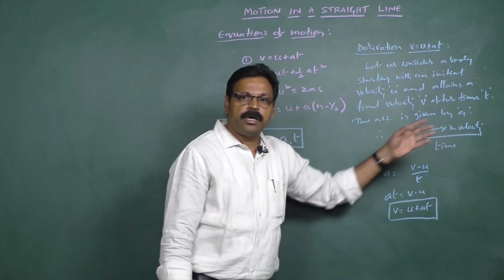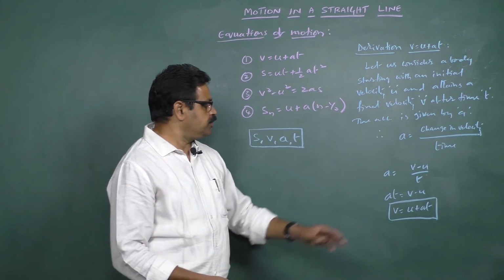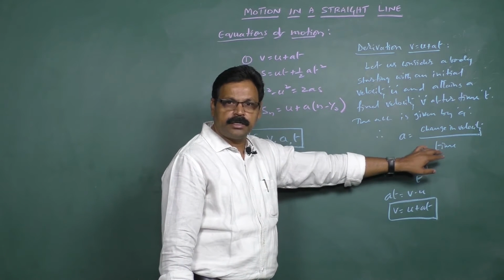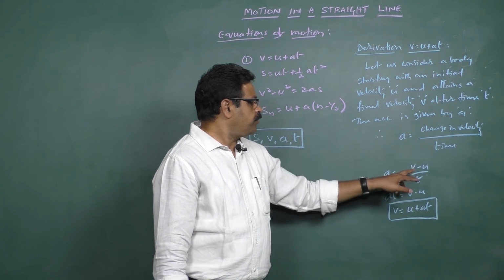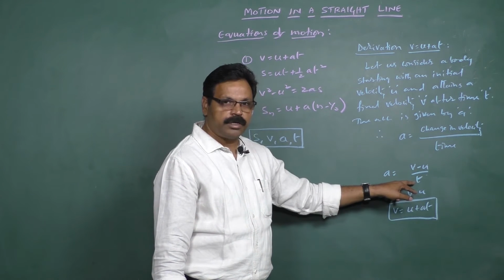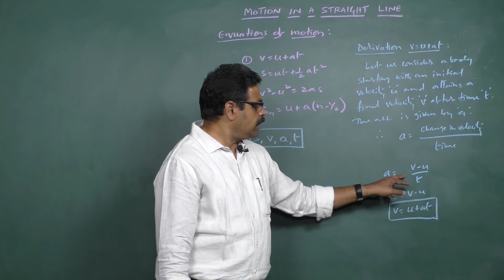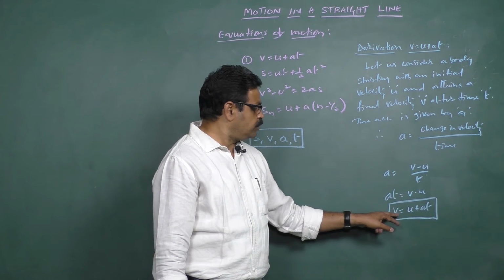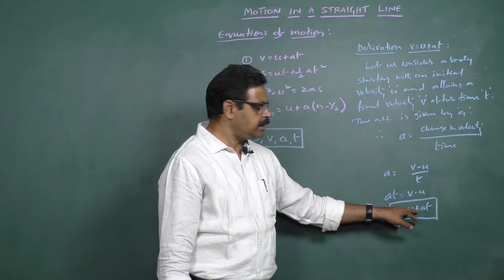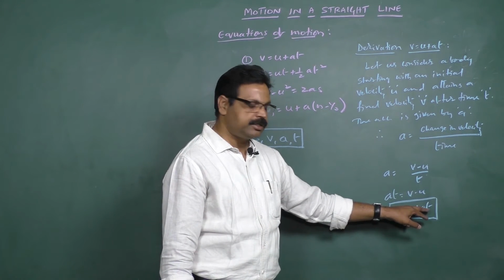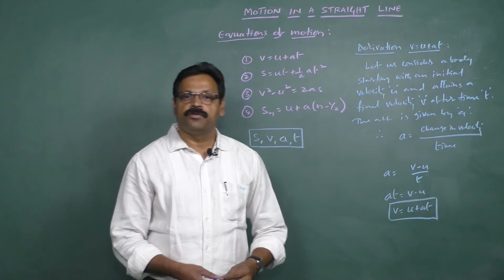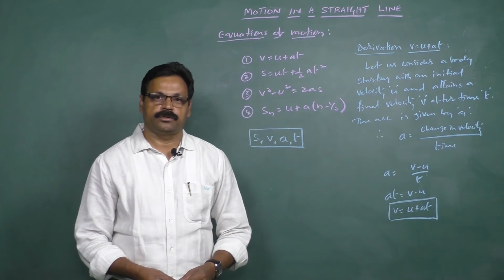According to the definition, acceleration is the change in velocity by time. So final velocity minus initial velocity divided by time gives the acceleration. Rearranging the terms, final velocity is equal to initial velocity plus the product of acceleration and time, that is v is equal to u plus at. This is going to be the first equation of motion.